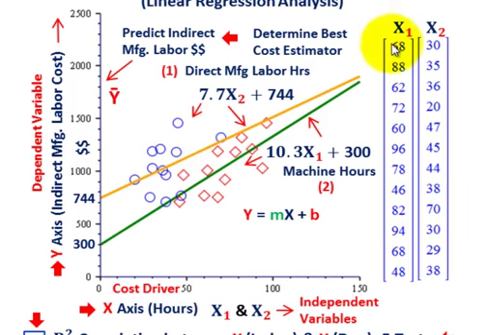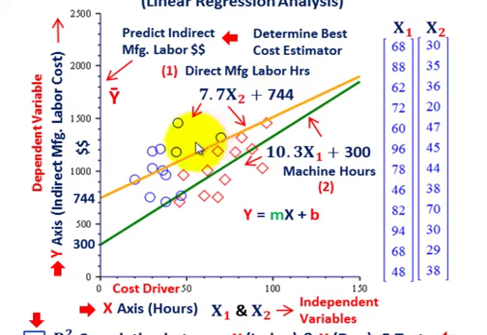Just looking at the data points, our X1 data points would be for our machine hours, and X2 would be for our direct manufacturing labor hours. And I've done a simple linear regression based on the two different data sets. For those blue circles, those are direct manufacturing labor hours.